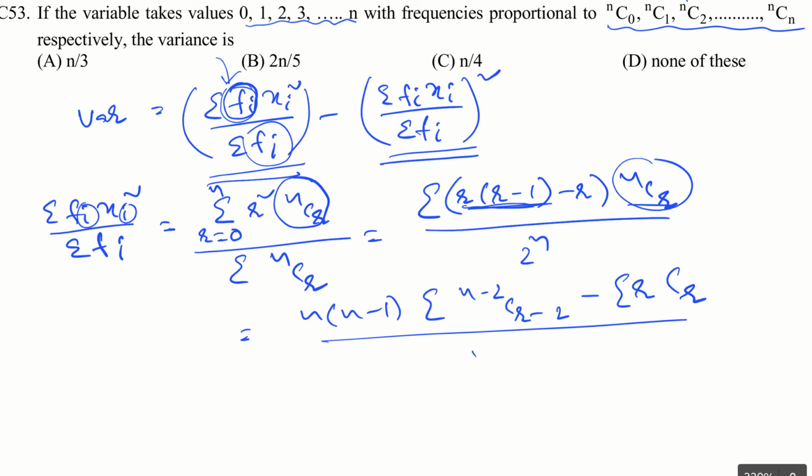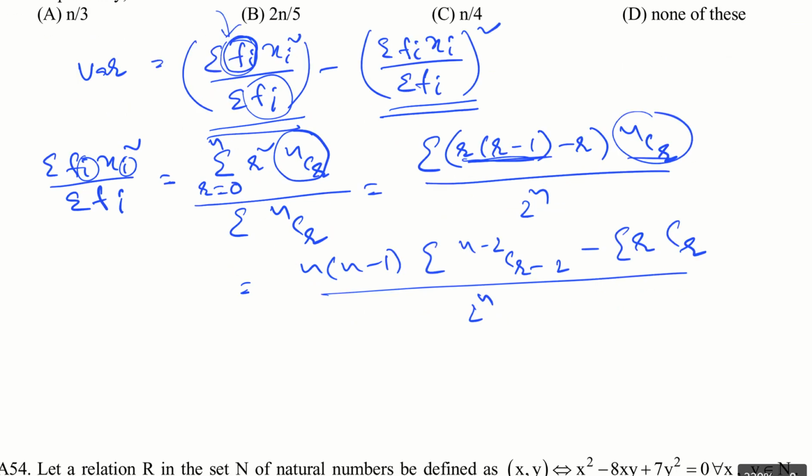We directly have a formula for that. So I am getting it as n into n minus 1 into 2 power n minus 2 minus n into 2 power n minus 1 by 2 power n.